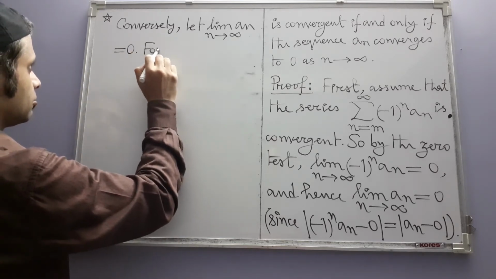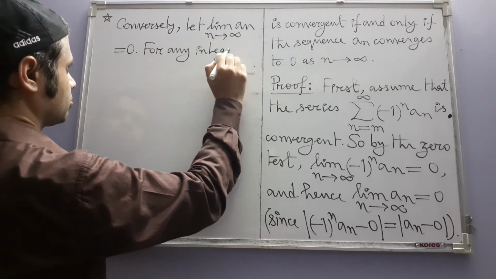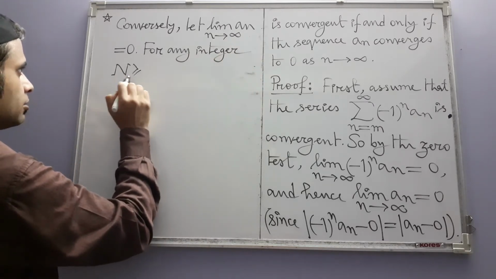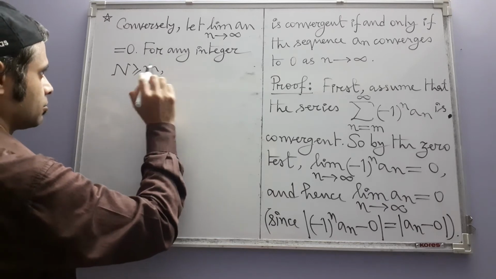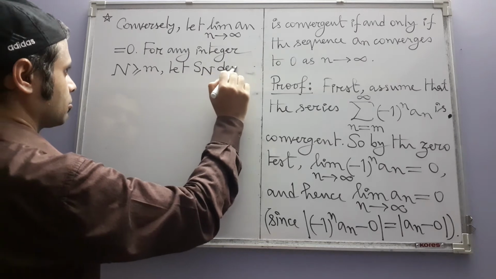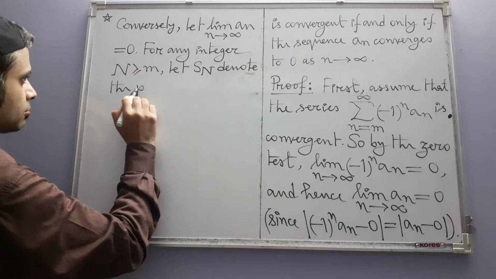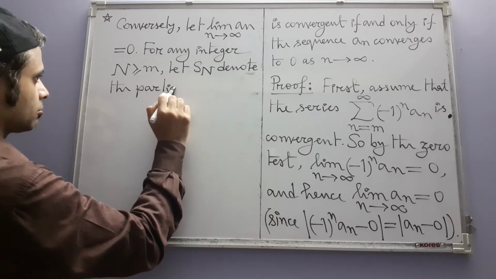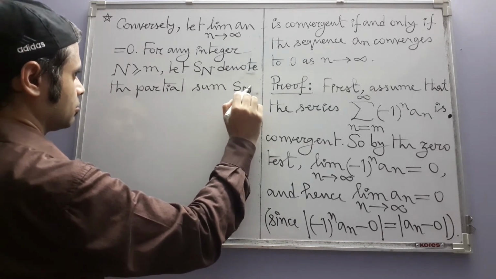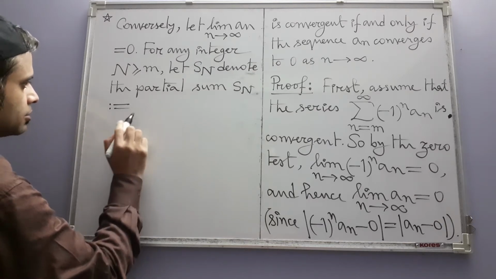For any integer n greater than or equal to m, let Sn denote the partial sum of our series, specifically this.